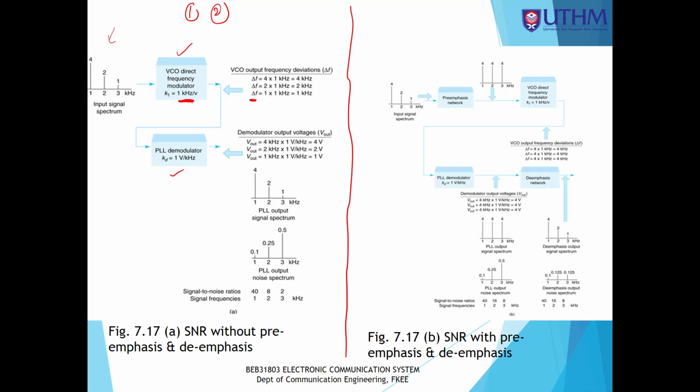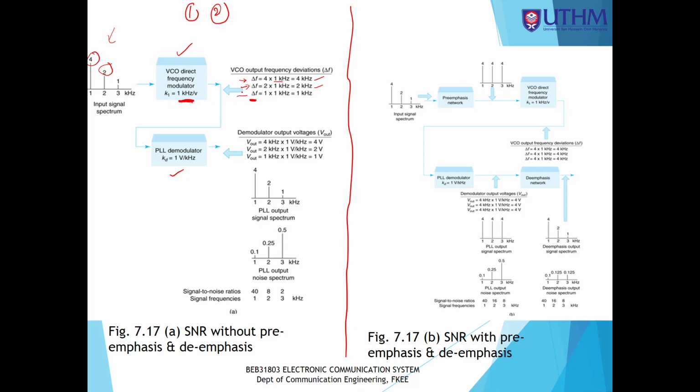So delta F1 is equal to Vm1 multiplied with K1: 4 volt multiplied with 1 kilohertz, so we get 4 kilohertz delta F. For the second frequency, the amplitude Vm2 is 2 volt multiplied with K1, so we get 2 kilohertz.